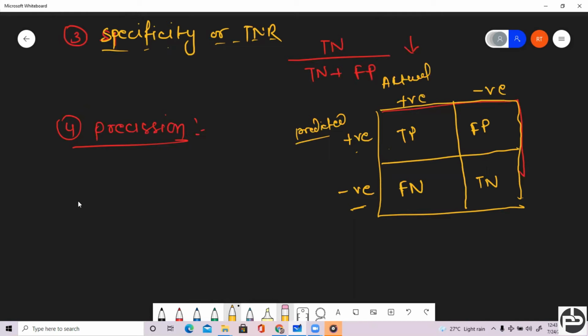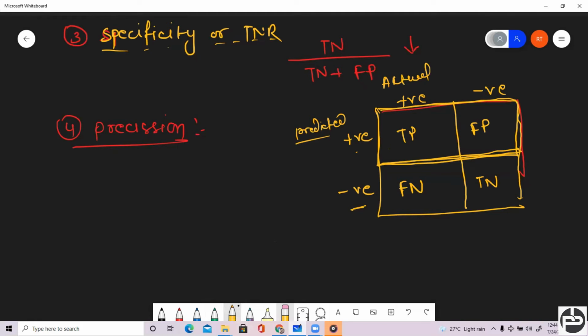Now, coming to precision. Precision means out of all positive predictions, how many are correctly identified as positive. This is known as precision. Let me write a statement first, then I will write the mathematical definition.